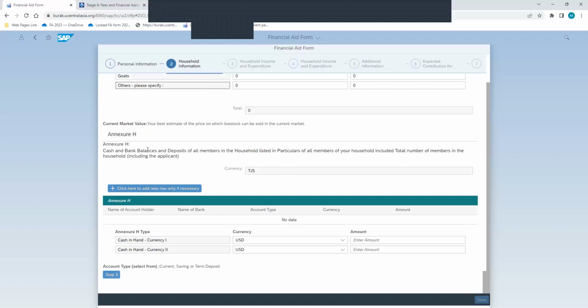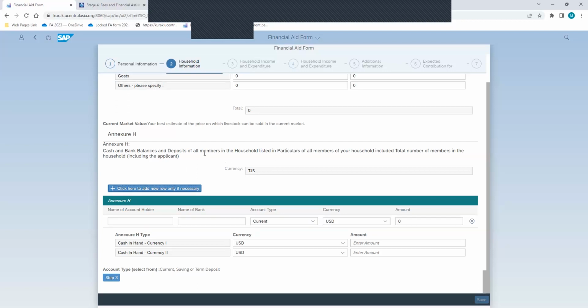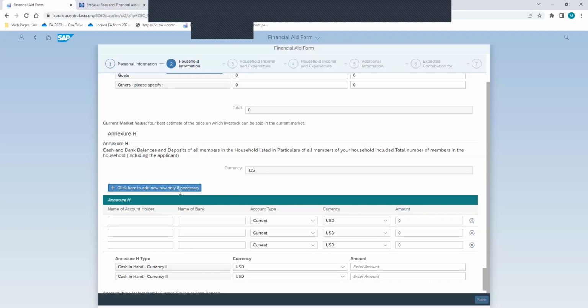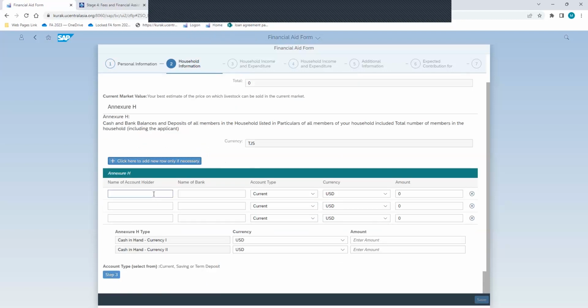So coming down to Annex H, it asked me about the bank balances and deposits. This is a mandatory document, and you have to submit it with the application, upload it. I'm adding, assume, 3 bank accounts.